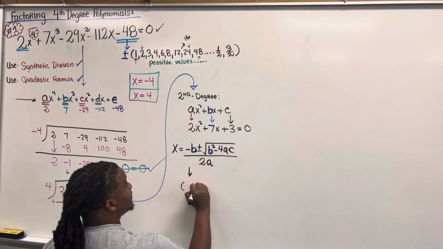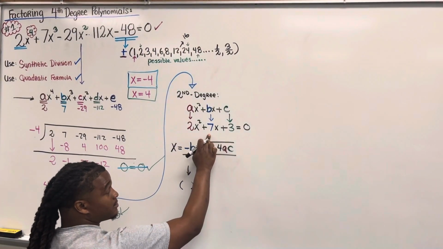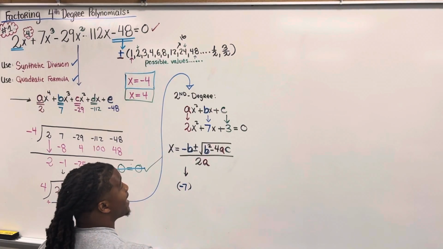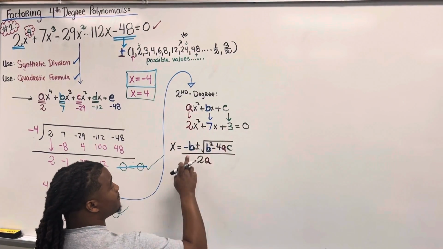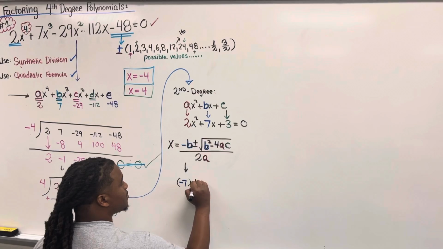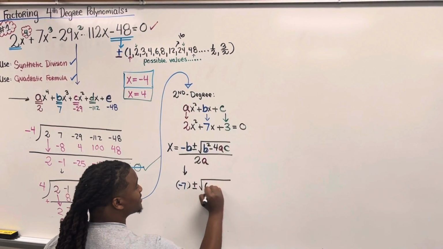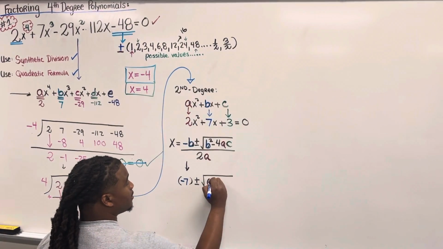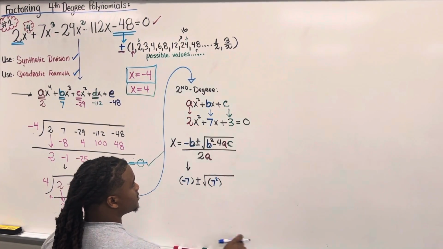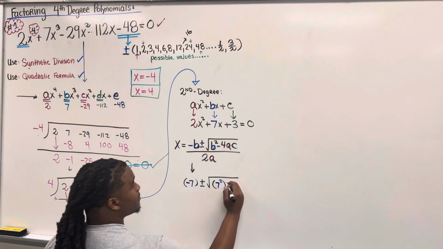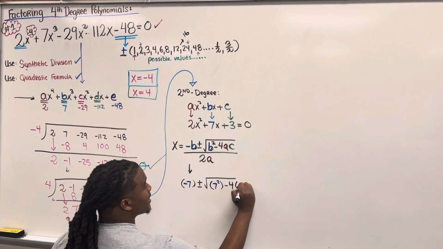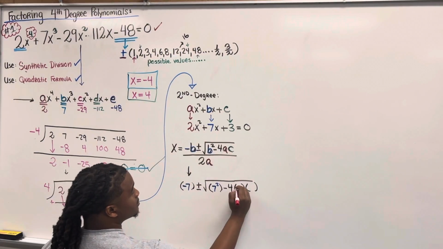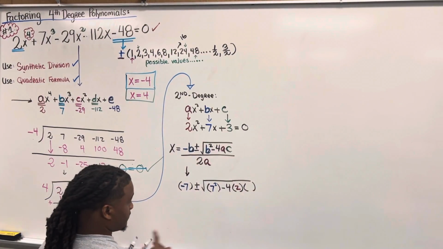Negative B: if positive B is 7, then negative B is negative 7, plus or minus the square root of positive B, which we already know is 7, squared, or 7 to the second power, minus 4 times A times C. A is 2, C is 3.